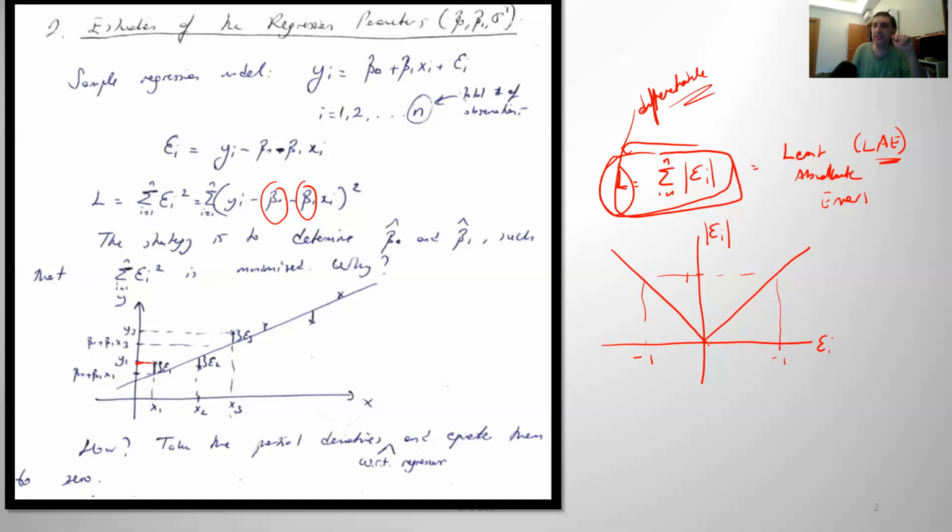Now, the problem of this function is at this point, it's not differentiable because as you can see, the derivative from the left-hand side and the derivative from the right-hand side here are not equal to each other. Here we are going to have a plus 1 derivative. So the derivative of the absolute value of e over e is going to be equal to, let's not call it e, to make this a continuous function, right?